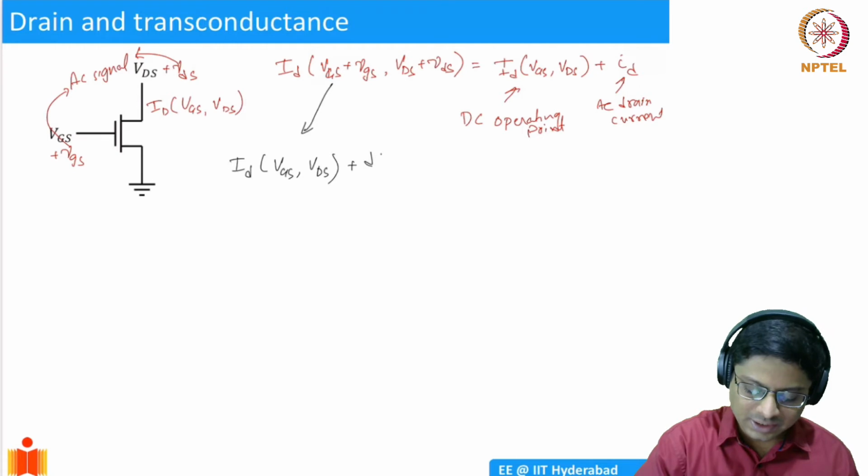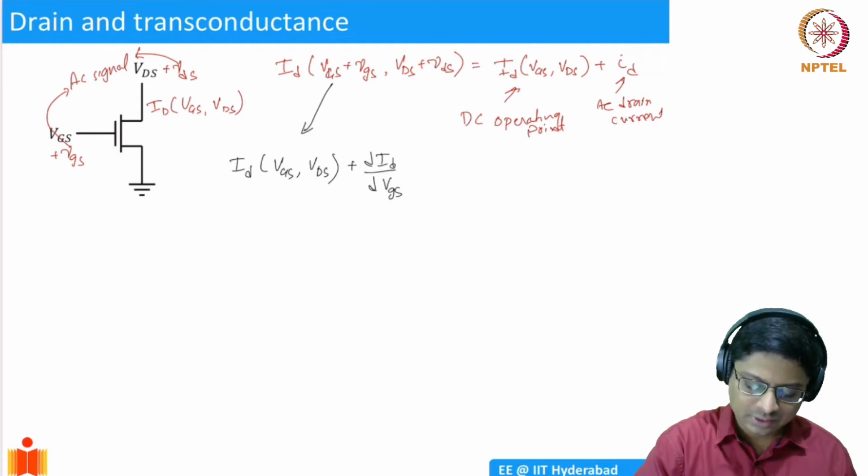So dID by dVGS, I should write it as capital VGS, into VG, plus, at constant VDS.